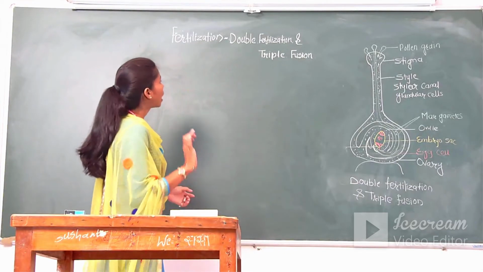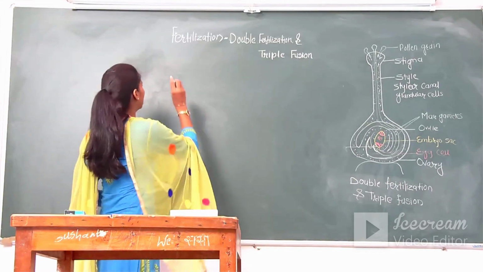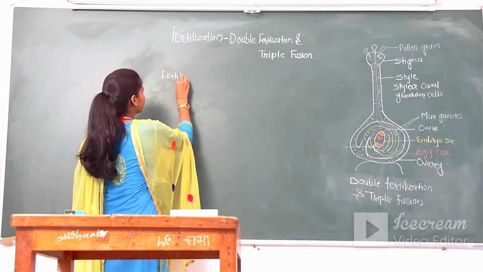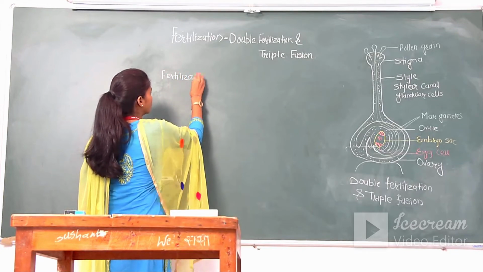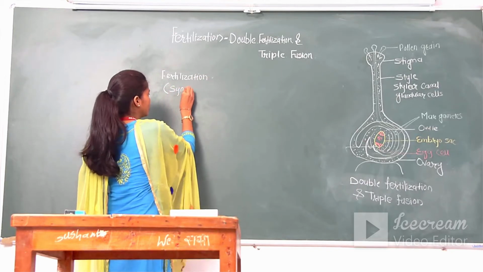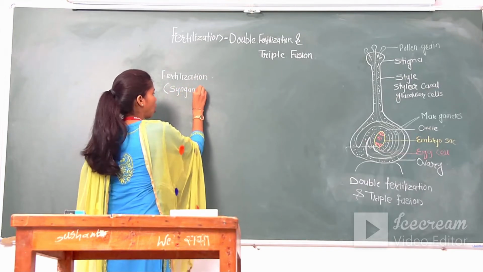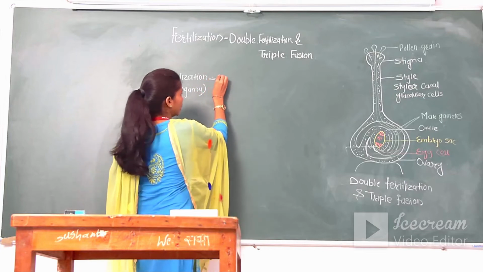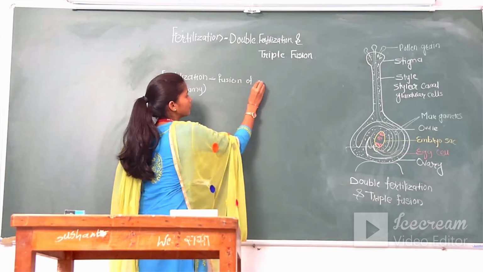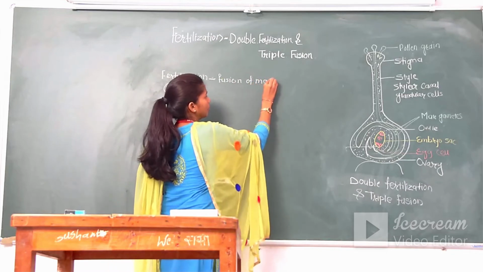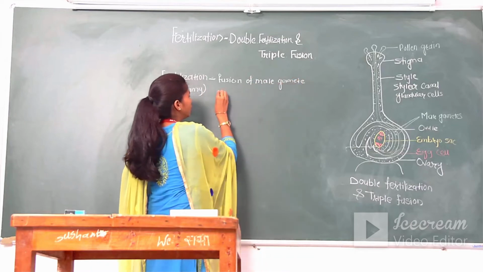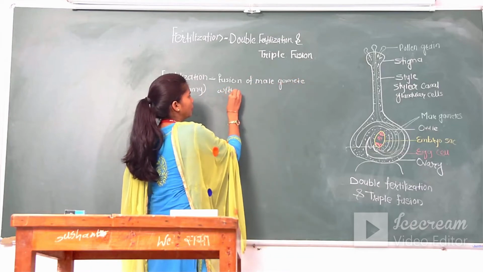Let's see what happens in double fertilization. Now you all know what fertilization means. It is also known as syngamy. This syngamy or fertilization is nothing but the fusion of male gamete with female gamete.